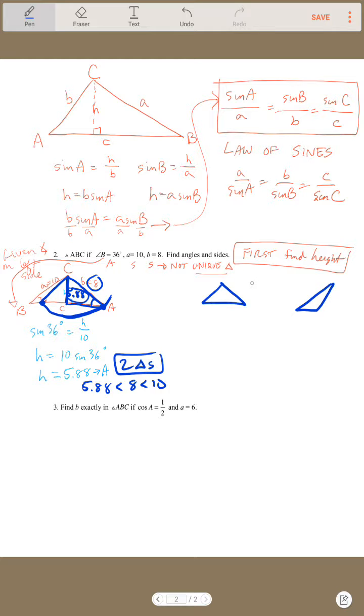So what we can say then is sine of A is equal to opposite, 5.88, over hypotenuse, which is 8. And then, therefore, if I need to find angle A, I can just do the arc sine of this value here. Okay, so let's go ahead and do that.